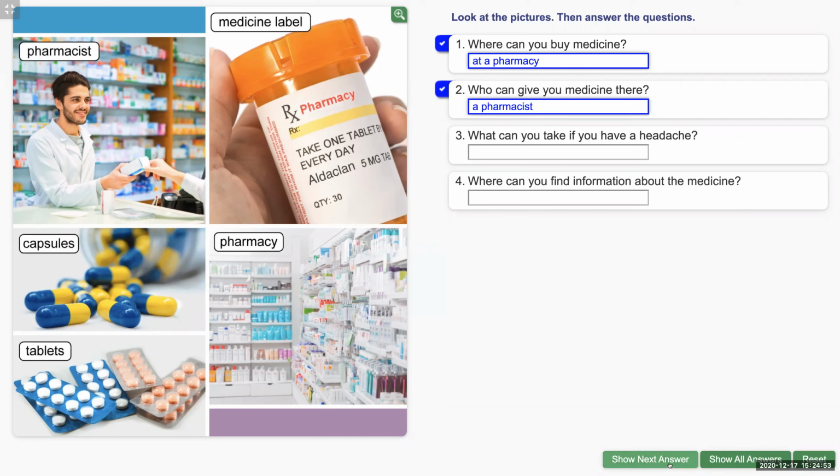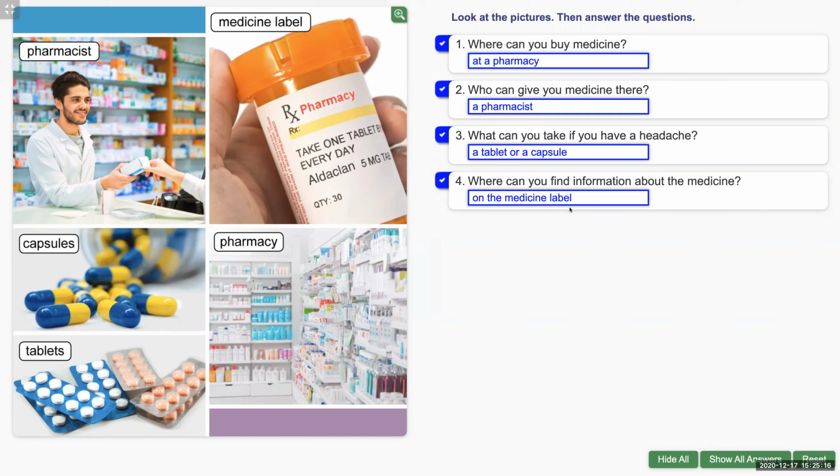Number 3, a tablet or a capsule. What can you take if you have a headache? A tablet or a capsule. And we have those 2 pictures here. And lastly, our answer is on the medicine label. So where can you find information about the medicine?